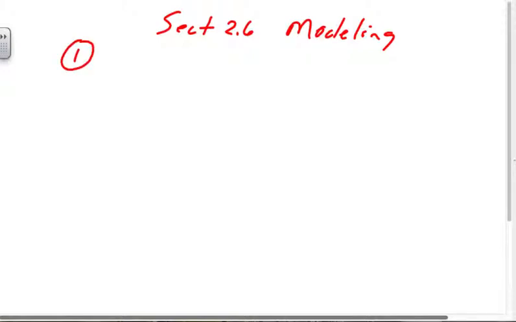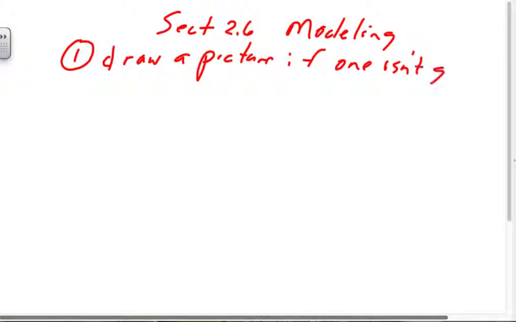Whenever you do these, my steps are going to differ slightly from the book. First rule is always draw a picture if one isn't given. Second thing, you need to figure out what you are solving.